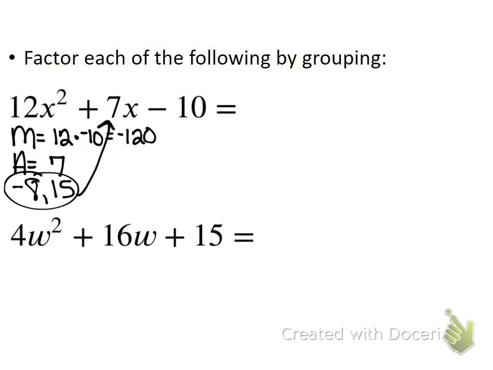So then we go into step 2. Step 2, if you recall, says to keep the first term and the third term the same. Then the second term is going to be split into the M and the A. So how would I write that down, Jenna? 12x minus 8x plus 15x minus 10.